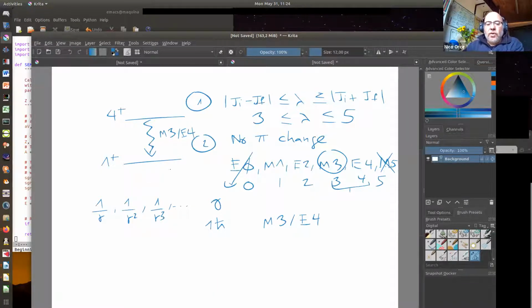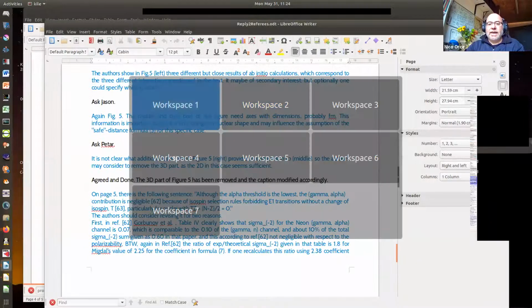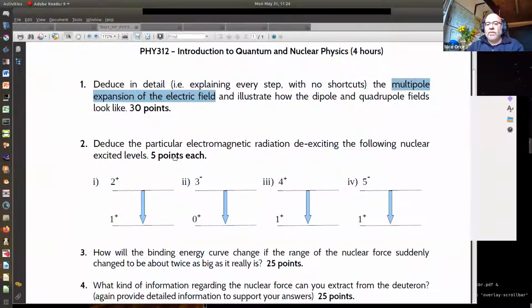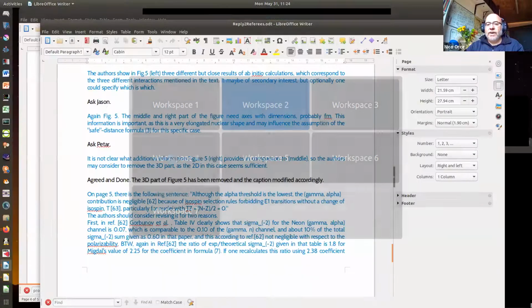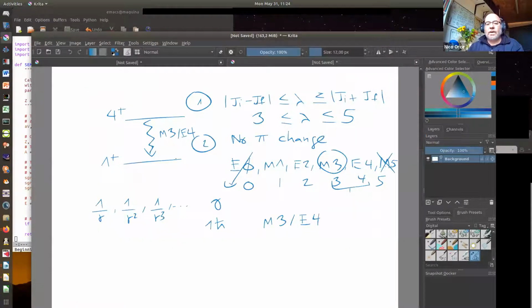For one more example, where there were also some mistakes: the 5 minus to 1 plus. Similarly, in this case, there's a change of parity. J will range from 5 minus 1, which is 4, to 5 plus 1, which is 6, so lambda is less than or equal to 6, and at least 4.